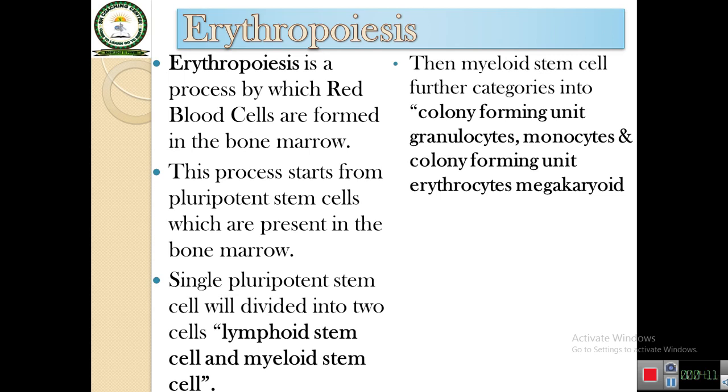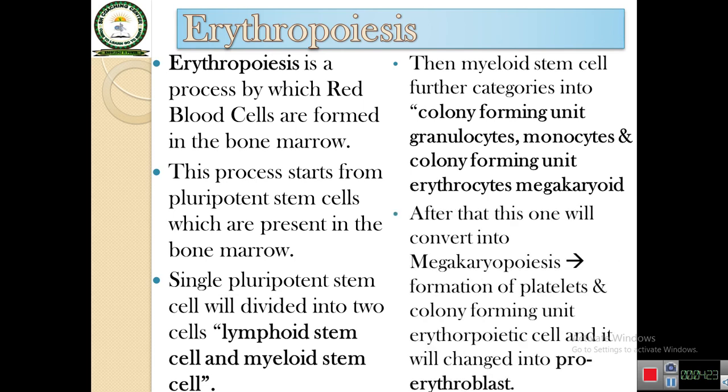The myeloid stem cell is further categorized into colony forming unit granulocyte monocytes and colony forming unit erythrocyte megakaryoid. The megakaryoid will convert into megakaryopoiesis, which forms the platelets, and the colony forming unit erythropoietic cells will change into erythroblast.